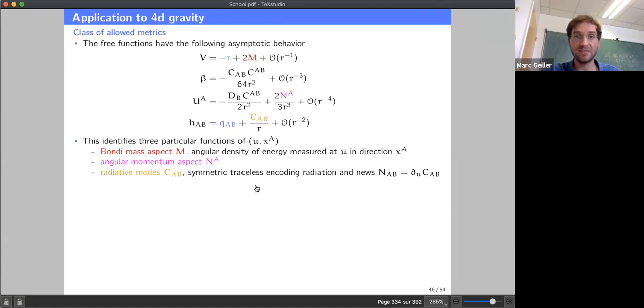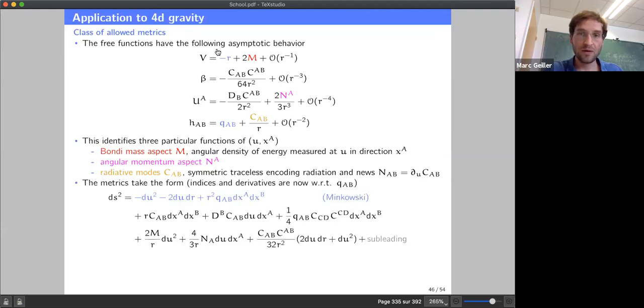More precisely, C_AB is a symmetric traceless tensor, and typically an important physical quantity is the derivative of this tensor along the retarded time u. This defines the so-called news tensor, the Bondi news N_AB. Not to be confused with the angular momentum aspect: it's the same letter, but the angular momentum has 1 index and the Bondi news has 2 indices.